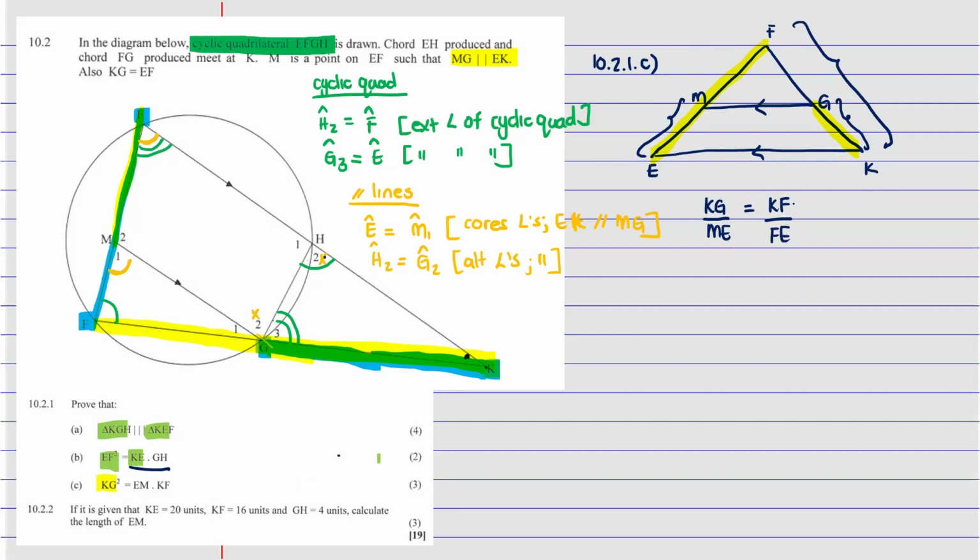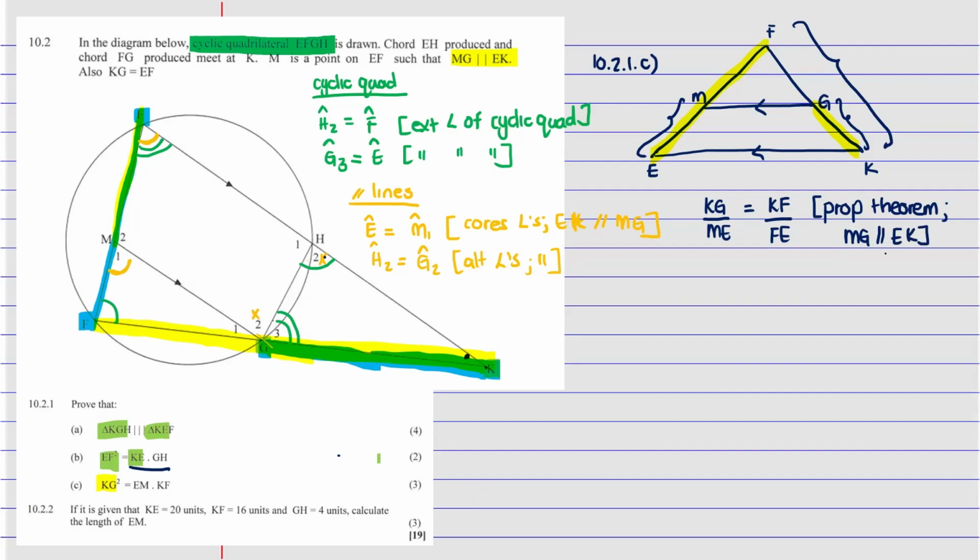Is everyone okay with how I did this proportional? Yes, ma'am. Our reason here is going to be proportionality theorem. Then put your parallel lines. Just make it a habit of putting parallel lines, because sometimes you might be dealing with more than two parallel lines. So it's going to be MG is parallel to EK.